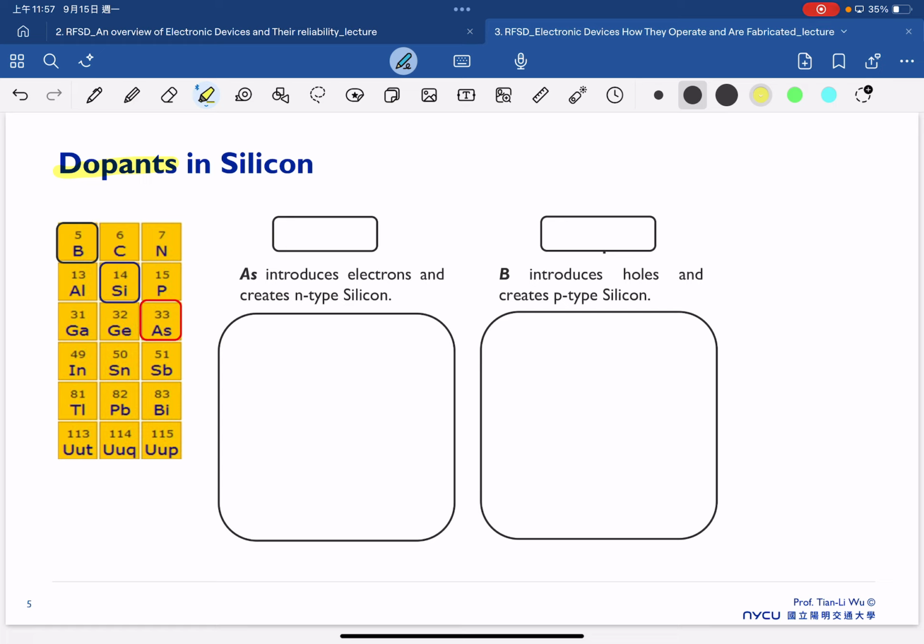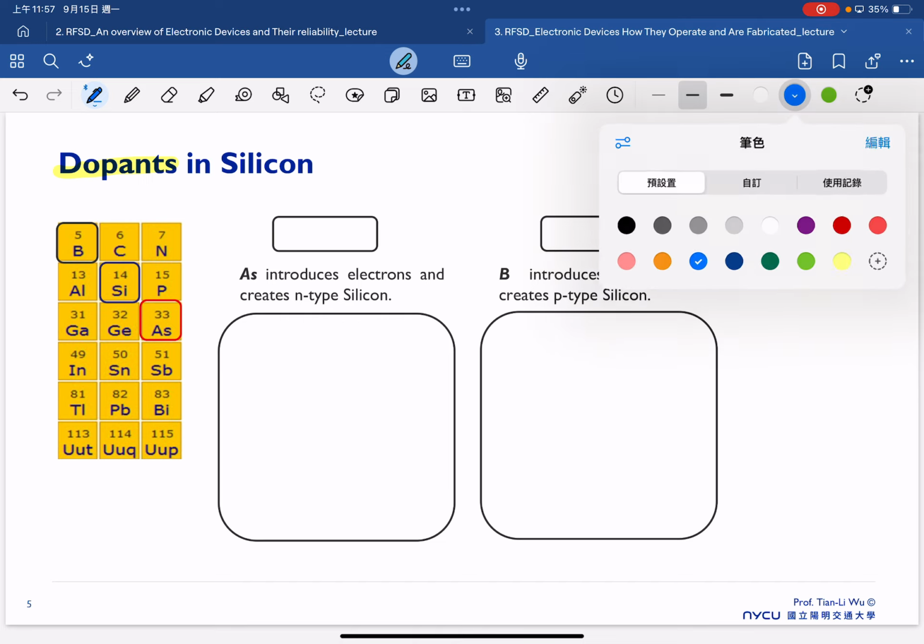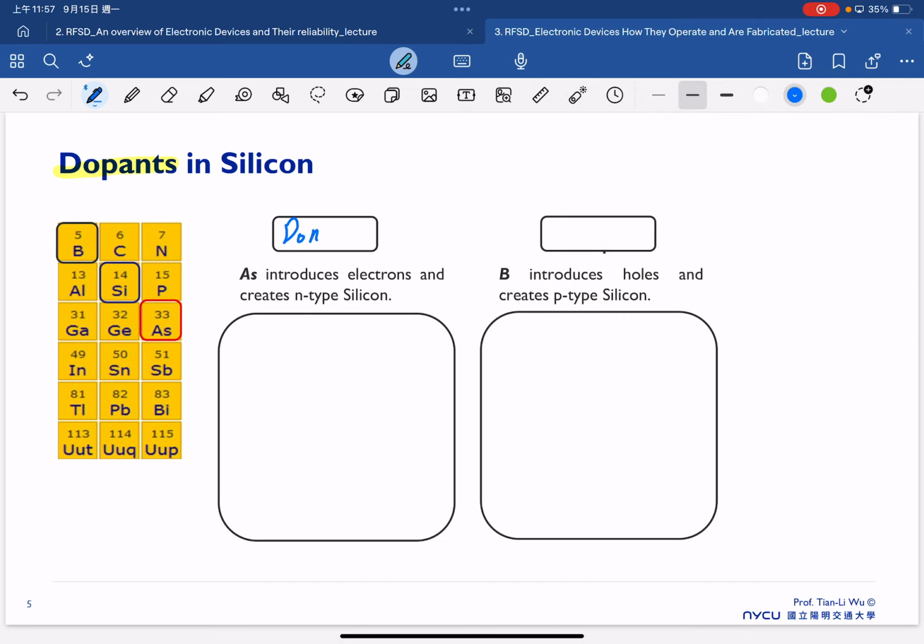In general, we can divide the dopants into two different types. One is what we call the donor. The donor is a species that can turn the semiconductor into an N-type semiconductor.